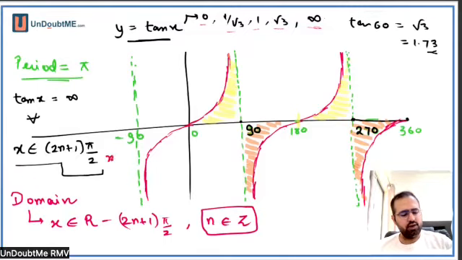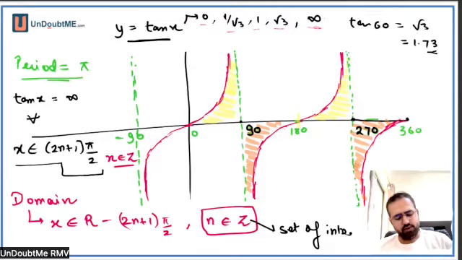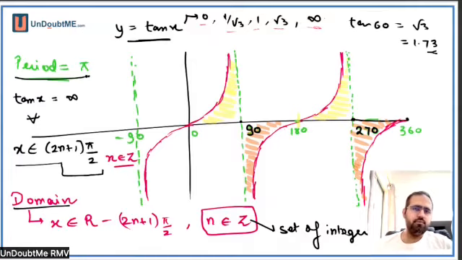Over here also you can write n belongs to integer. Okay, Z is the set of integers. Integer is needed because it can be positive, negative, anything. So domain of tan is done. We have seen the values, the sign. Okay, we have seen the period of tan. Finally, range is left. What will be the range of tan?